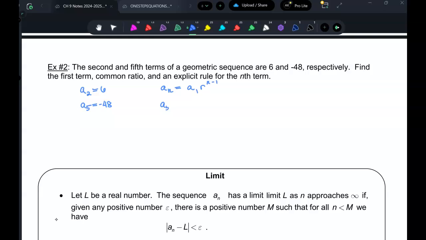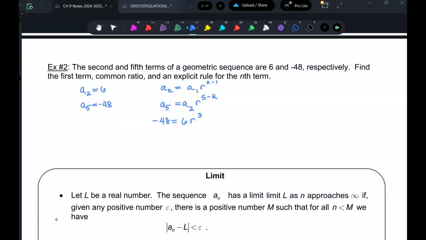We'll write a sub 5 equals a sub 2 times r to the 5 minus 2, replacing our nth term with 5 and our first term with 2. So we have negative 48 equals 6 times r cubed.